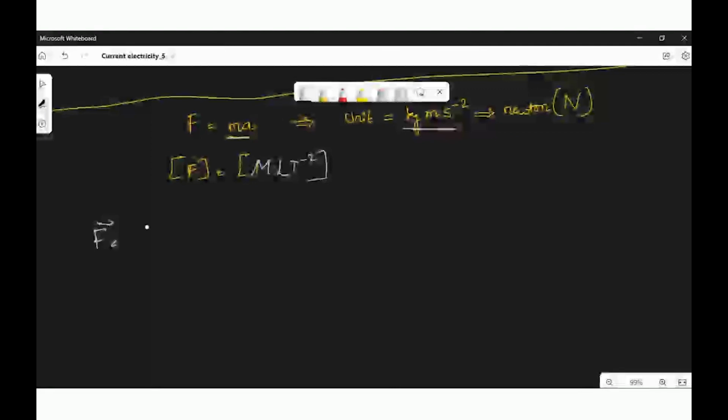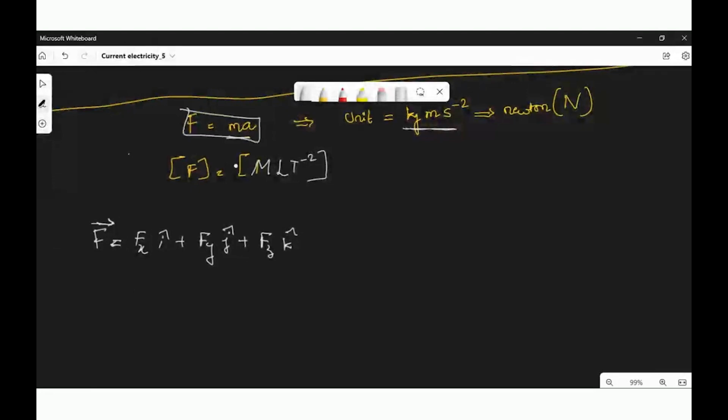F is equal to Fx into i cap plus Fy into j cap plus Fz into k cap, correct?